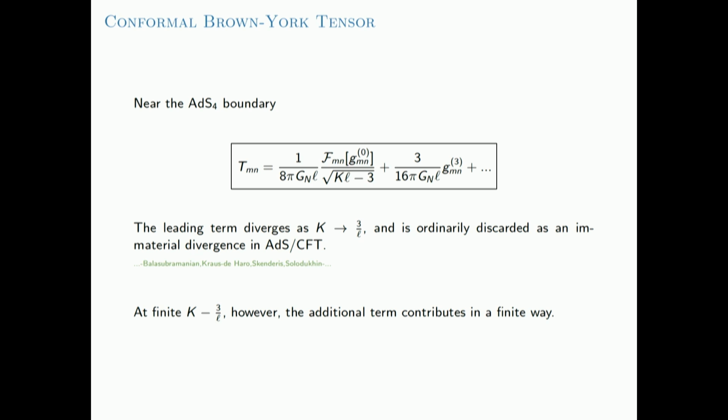However, as we push K inwards, this term, which we ordinarily discard as an immaterial divergence, starts to contribute to the energetics, it appears, which is a sort of interesting creature, without disrupting the tracelessness of the stress tensor.